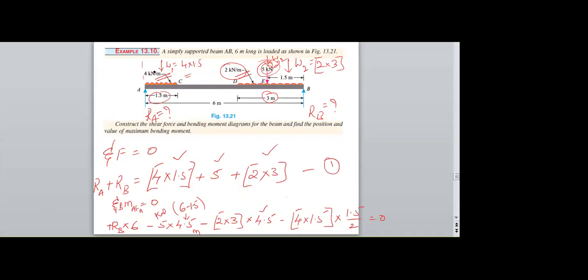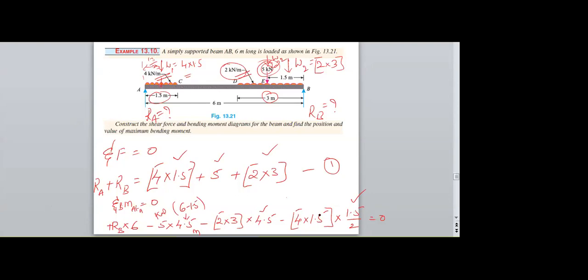Next, the UDL converted into point load 4 into 1.5, and its distance from A is 1.5 divided by 2, because at the center it needs to be acting, therefore 1.5 by 2.